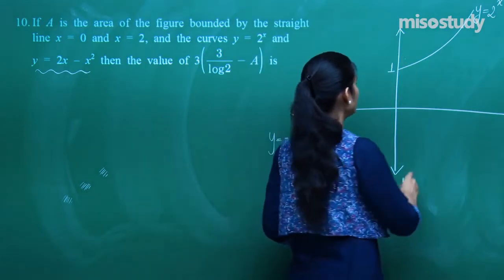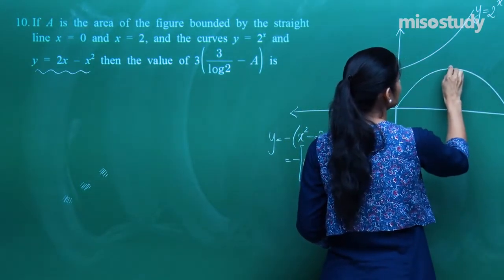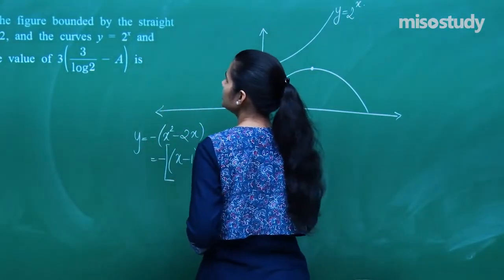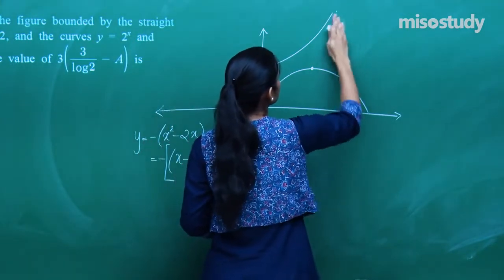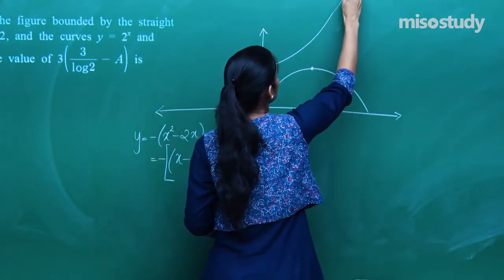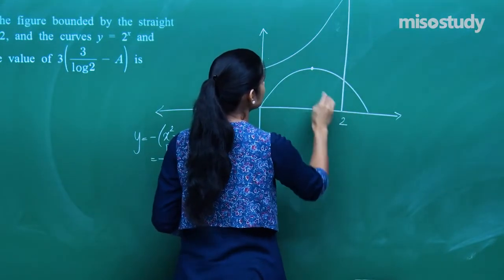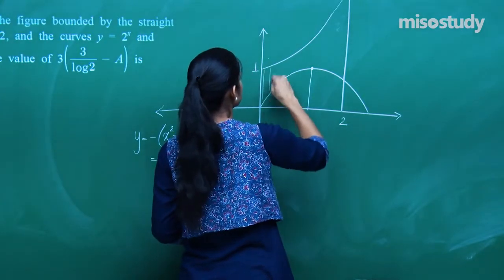So it is a parabola with vertex 1 comma 1. Fine. Now you have to talk about x equals 0, x equals 2. So if it goes above, this is 1, and I am interested in this area.